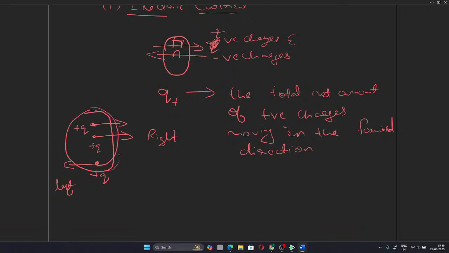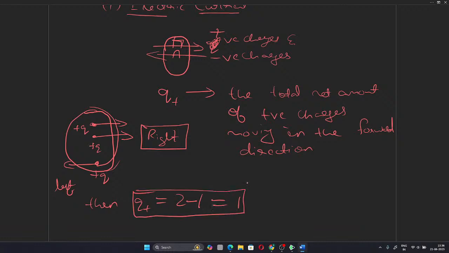Then q plus equals 2 minus 1. When we consider charges, the net amount of charges flowing in the right side direction, q plus equals 1. The same holds for negative charges as well.